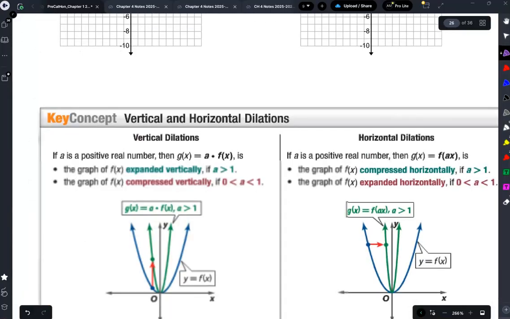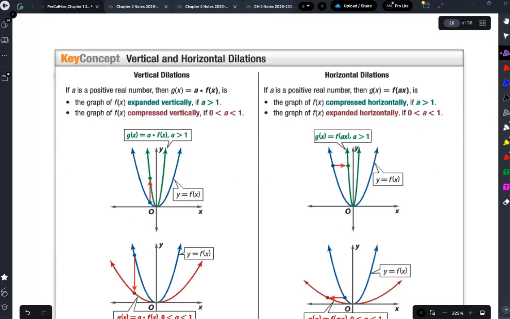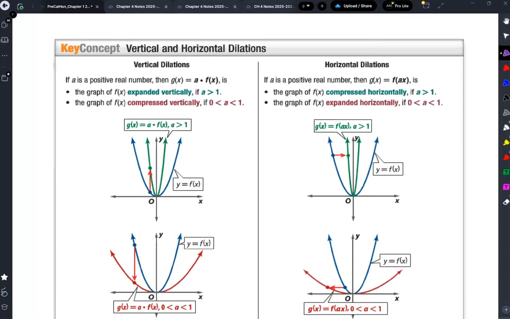Let's talk about dilations, vertical and horizontal dilation. So here is how this works. If something is expanded vertically, it's multiplied by a, and that a is greater than 1. So if this is y equals x squared, this will be maybe y equals 3x squared, right?